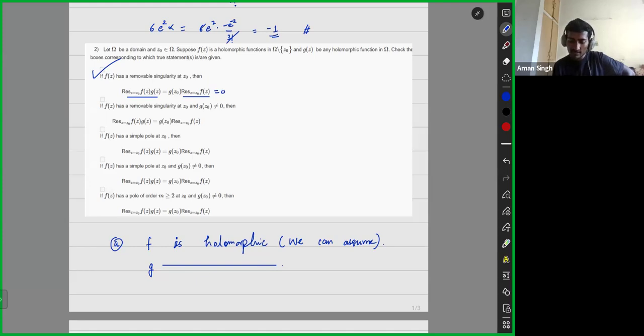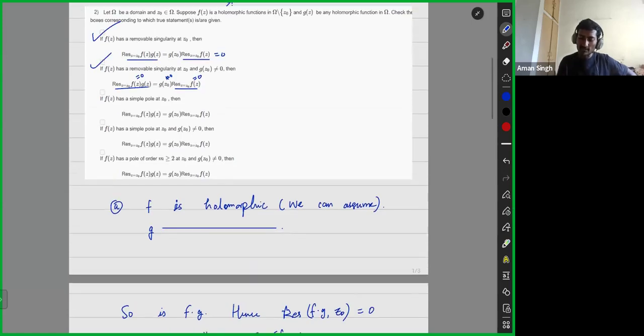This means that f is holomorphic, we can assume that. Then again this left side is zero with the same assumption. You know this from A. What happens to the right side? g(z naught) is non-zero, given to us, but this residue of f at z naught is zero. It is non-zero, no problem, but the other multiple is zero, so the equality holds again, and this is true. I'm not going to write this, we are using this part A only.